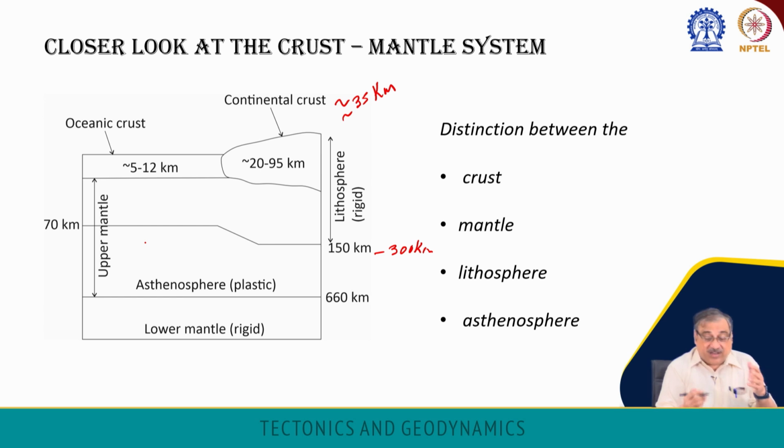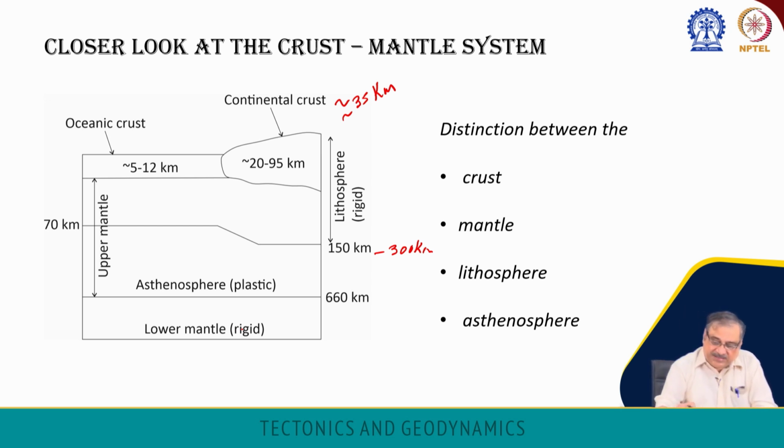So, this is a part that can flow, unlike the part on top, which is too mechanically rigid. So, there is a change in rheology as you cross this particular interface. And then when you cross 660 kilometers, once again we believe we pass into relatively rigid mantle. It's not completely rigid, but relatively rigid, because the temperatures are very high in these regions, we believe that most material would be plastic.